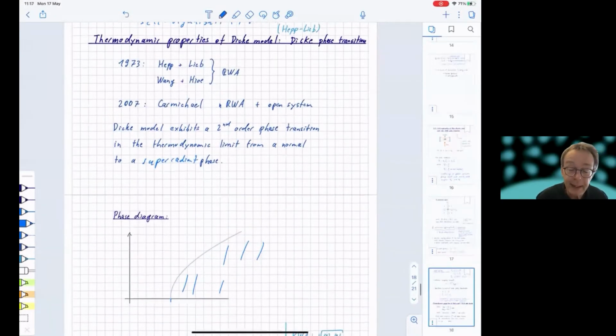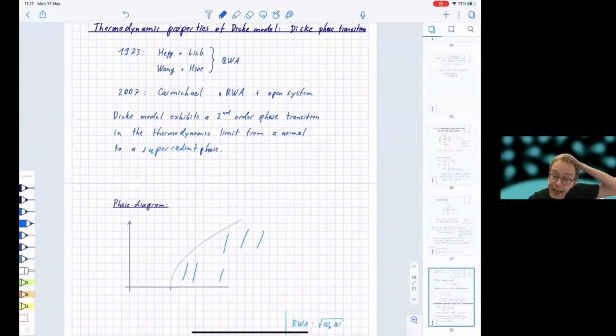I mean, in terms of the Hepp-Lieb, what they looked at is in the end, imagine you have an empty cavity which is resonant with a two-level system, and now you put a two-level system in, and then you get the vacuum Rabi splitting over the Jaynes-Cummings Hamiltonian.